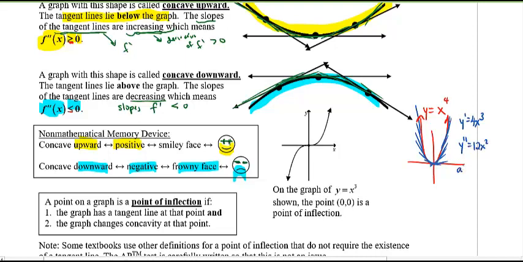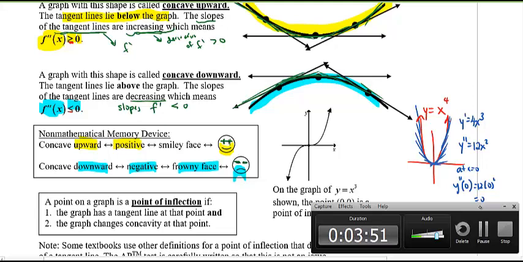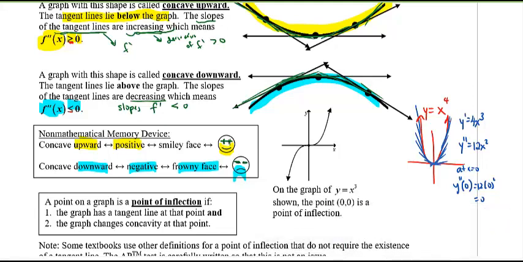Notice at x equal to 0, if I were to find the second derivative at 0, that would be 12 times 0 squared, or 0. And that makes sense, because look, the derivative here is 0. But you can say that the graph is concaving up everywhere. So that's why we have that including 0, because it could be a possibility that it could be 0, yet the graph is still concaving upward.